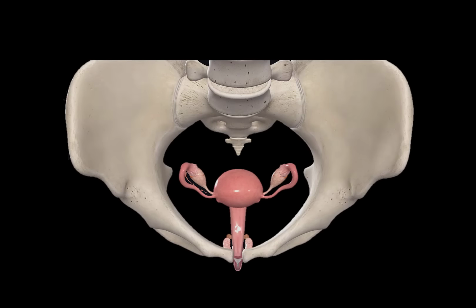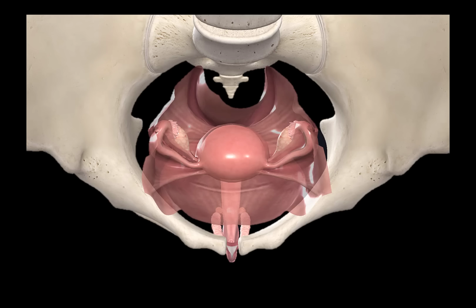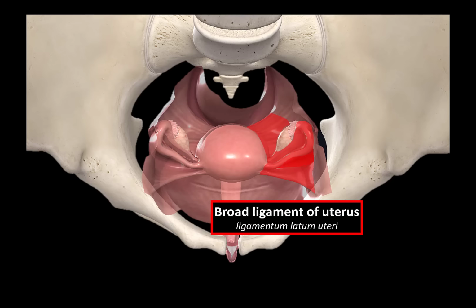Now, here we see the superior view of the uterus and the pelvis, and here we see some ligaments around the inner genital organs. One ligament that is crucial to know about is called the broad ligament of the uterus. This ligament is actually a double peritoneal fold. So the peritoneum goes down to the uterus and folds double and forms the broad ligament of the uterus.